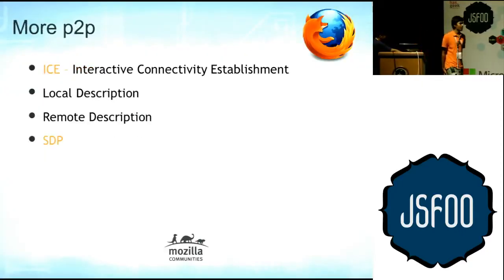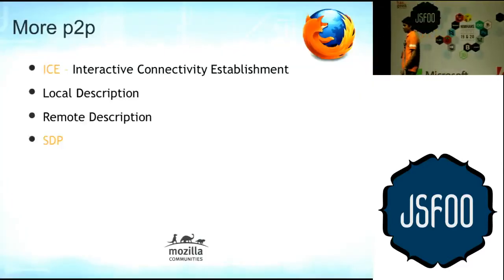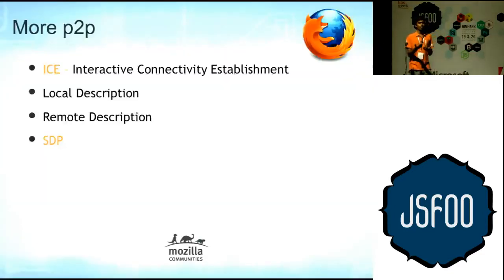So more about the peer-to-peer connection. It's done through a mechanism called ICE. ICE handles all the signaling code inside WebRTC. ICE has something called a local description and a remote description. Suppose a caller makes a call.